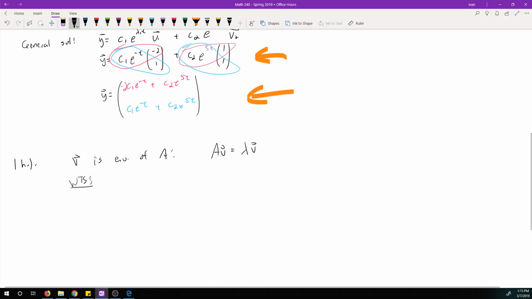So then A to the fifth V is equal to some lambda, let's just call this lambda 0, and this is lambda 1, times V. Okay, and so we know this is true. This is what we know. So if we start off at AV is equal to lambda naught V, how do we get to A to the fifth V?